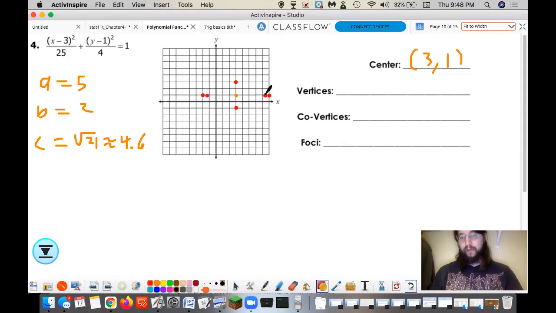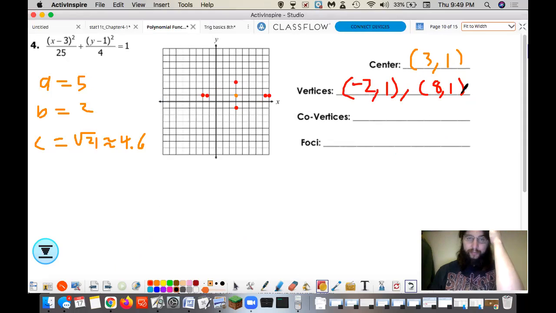Again, I'm going to get my ordered pairs before I try and sketch. Did I even sketch that thing? I did. Okay. So again, we're looking at the major axis, -2, 1. And that's 8, 1.